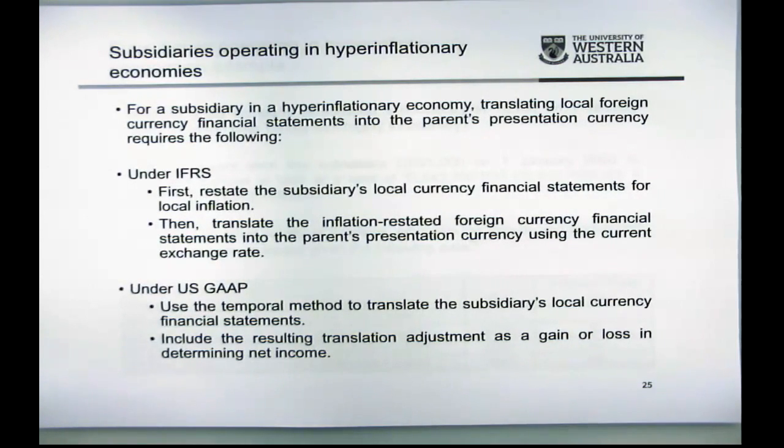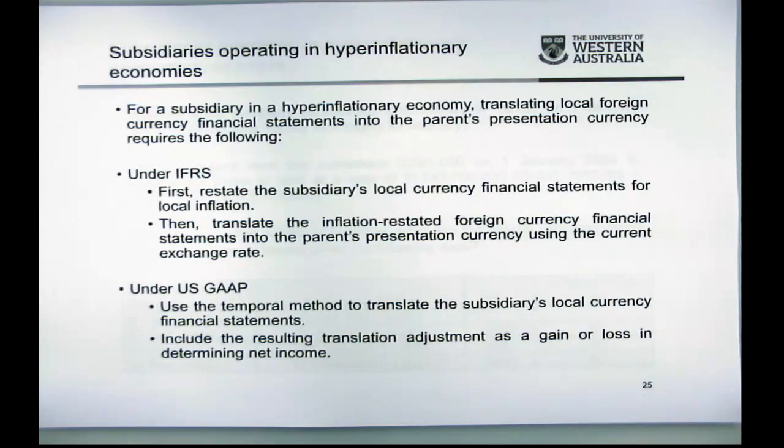Some countries around the world have something called hyperinflation. Hyperinflation means that the inflation rate is too high, let us say double-digit inflation, 10% and above. Sometimes you may see some countries that have very high inflation rates.